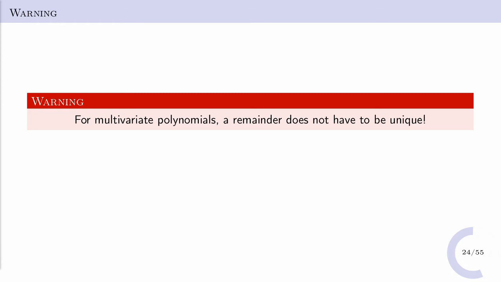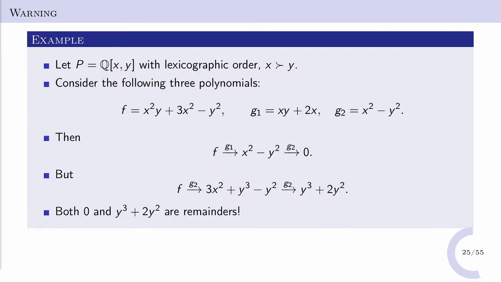For univariate polynomials, if we computed a remainder of one polynomial modulo another polynomial, the remainder was unique. For multivariate polynomials, one polynomial can be a remainder, but another, completely different polynomial can be a remainder as well. Let me show it explicitly on the following example.